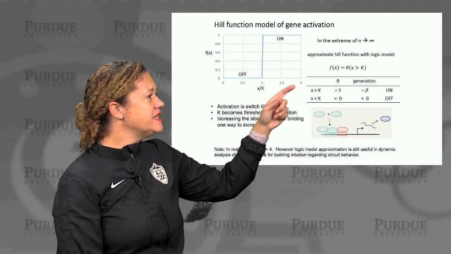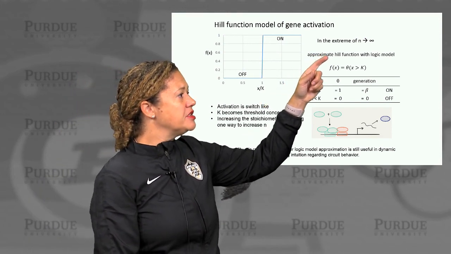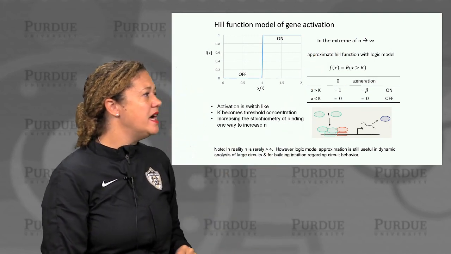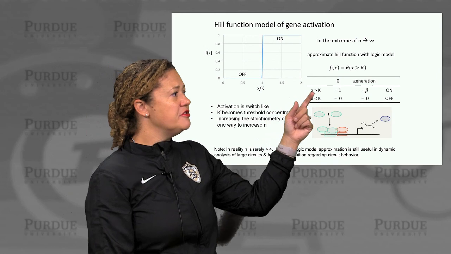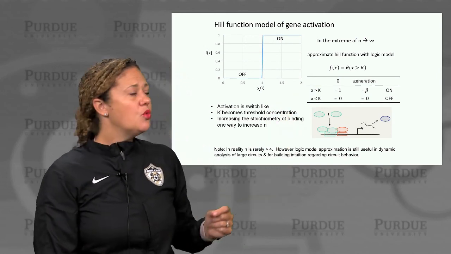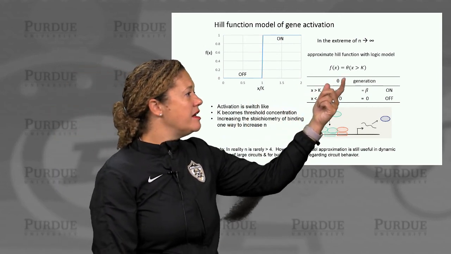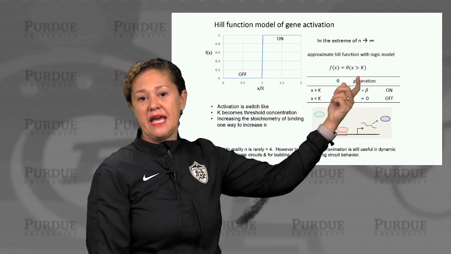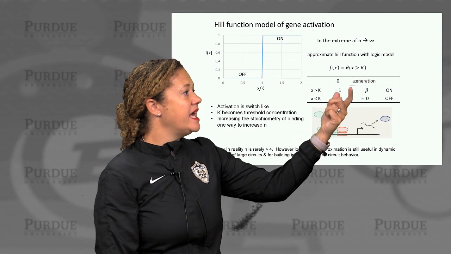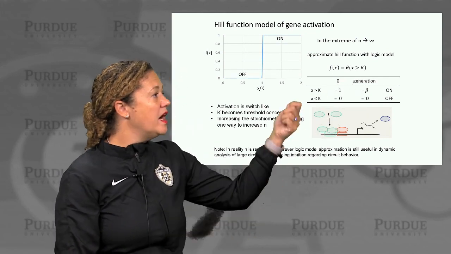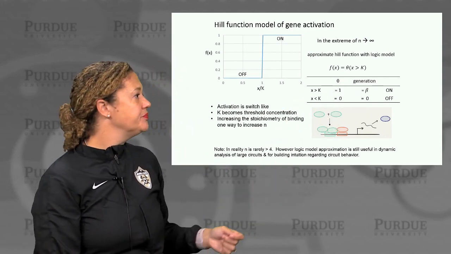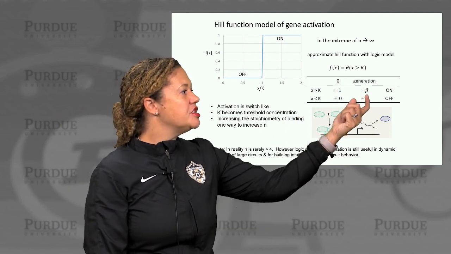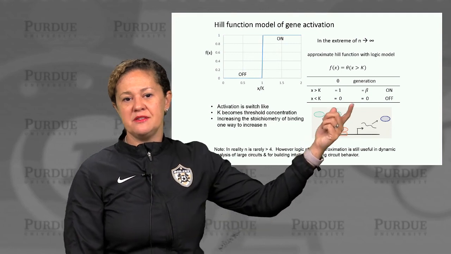And so if we go back to our Hill function, in the extreme case of N approaching infinity, we can approximate our Hill function with a logic model, where theta now becomes a truth test of this statement: is X greater than K. If X is greater than K, then our theta becomes 1, or that statement is true, and our f of X is equal to 1, and our generation rate is beta, or our system is on.